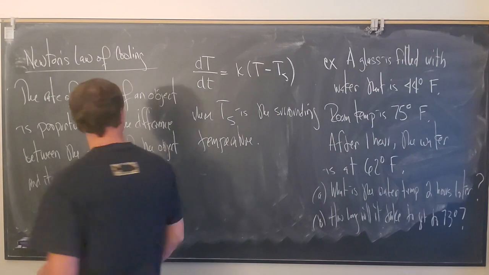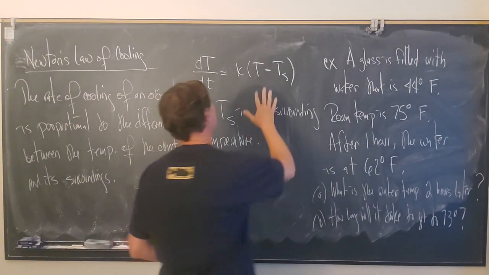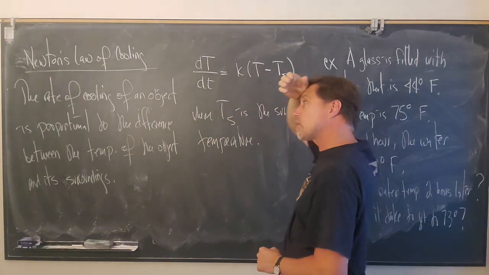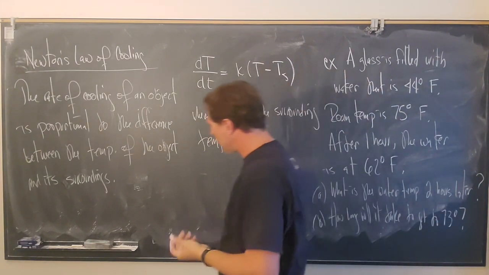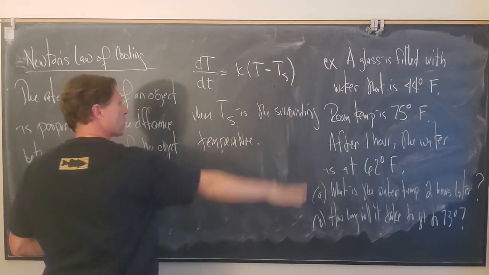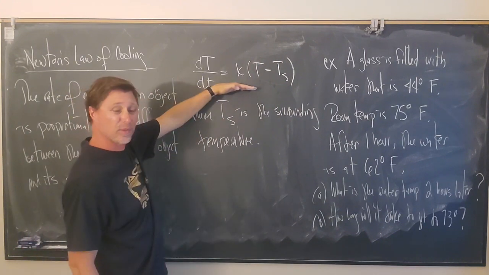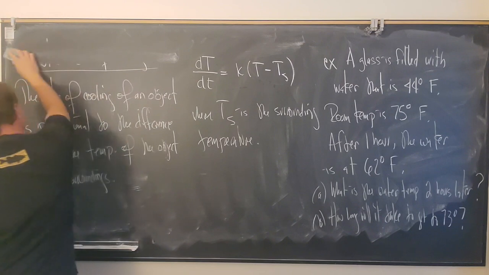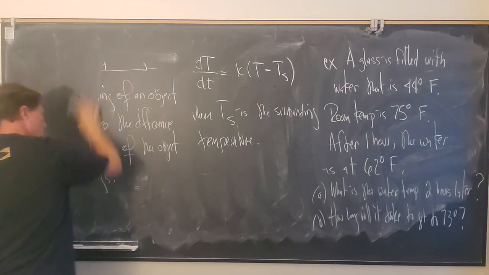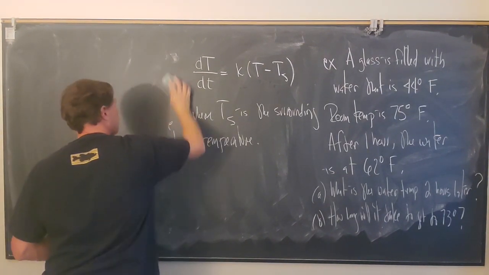Now notice, this is slightly different, right? This is not exactly the same as the original equation we wrote down because now we have a T minus T sub S. So I'm just going to use the information we have here, go back to this differential equation and go through the solution rather than writing down a general formula. It's easy enough to solve.